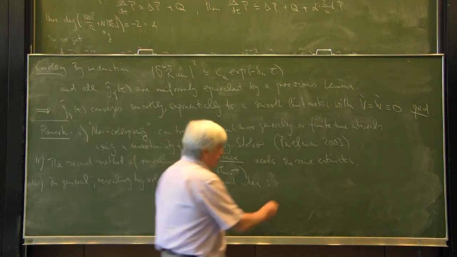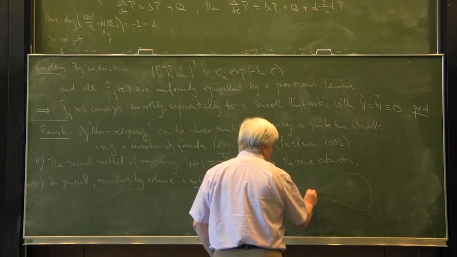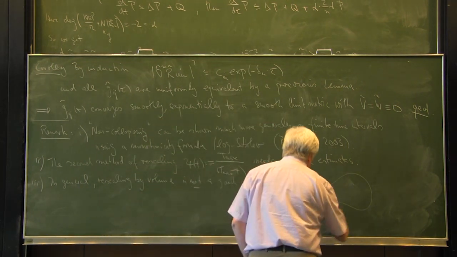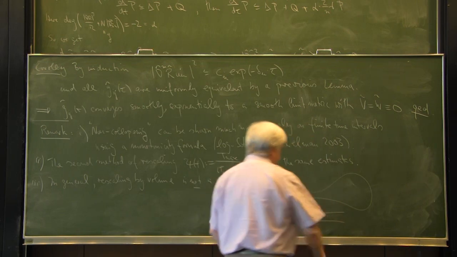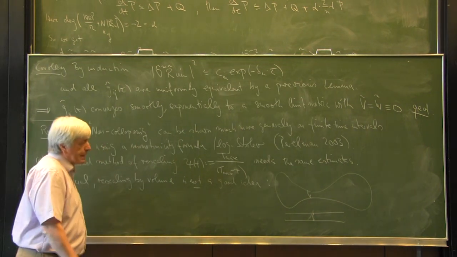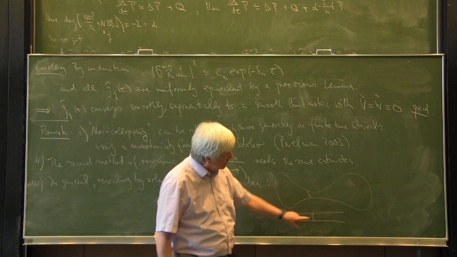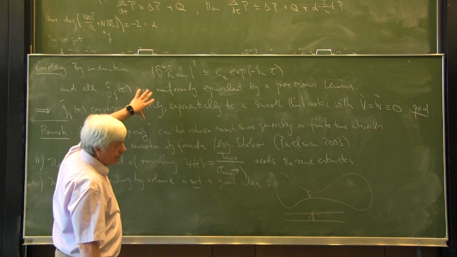Because if you have a setting like this, where you expect a singularity after rescaling, looks like that, then the way you have to rescale the singularity here in order to see this cylinder will make this volume go to infinity.